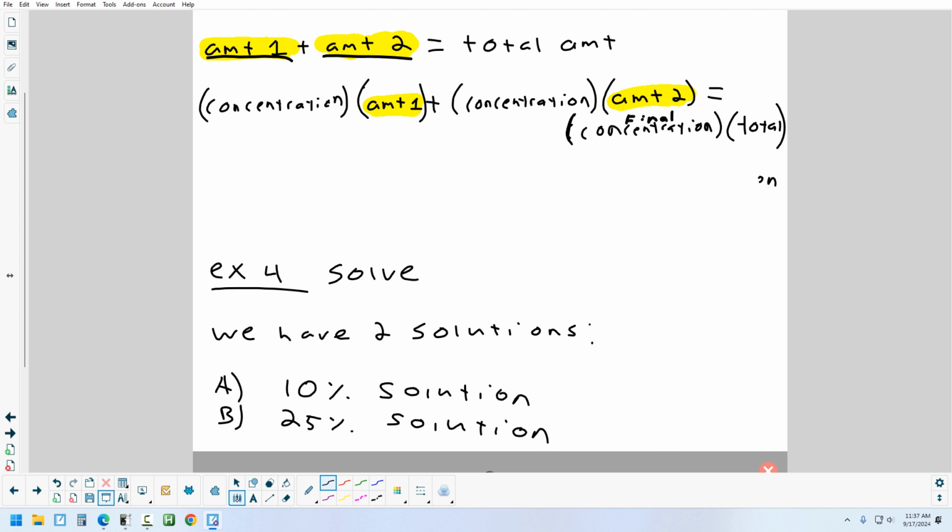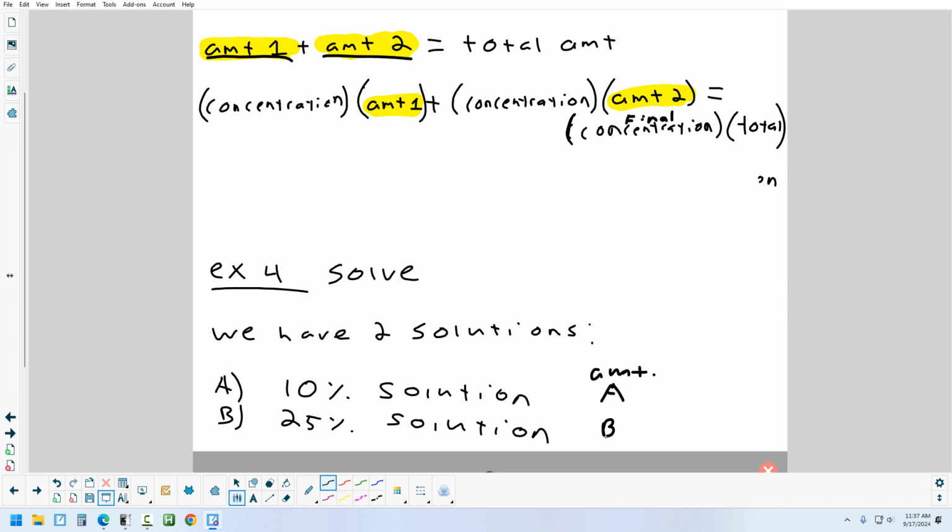Let's say we're going to use A liters of solution A, and we're going to use B liters of solution B. This is my amount 1 and my amount 2, the A and the B.